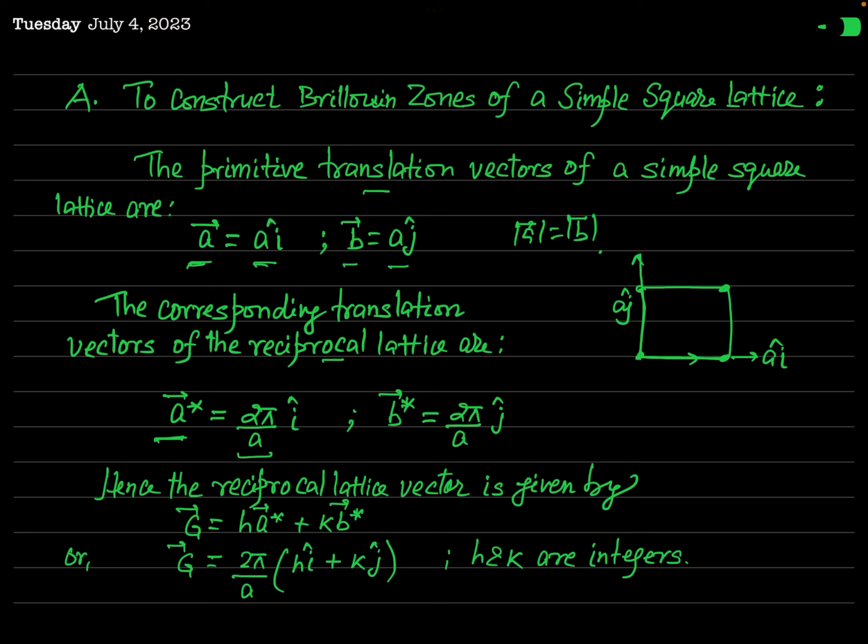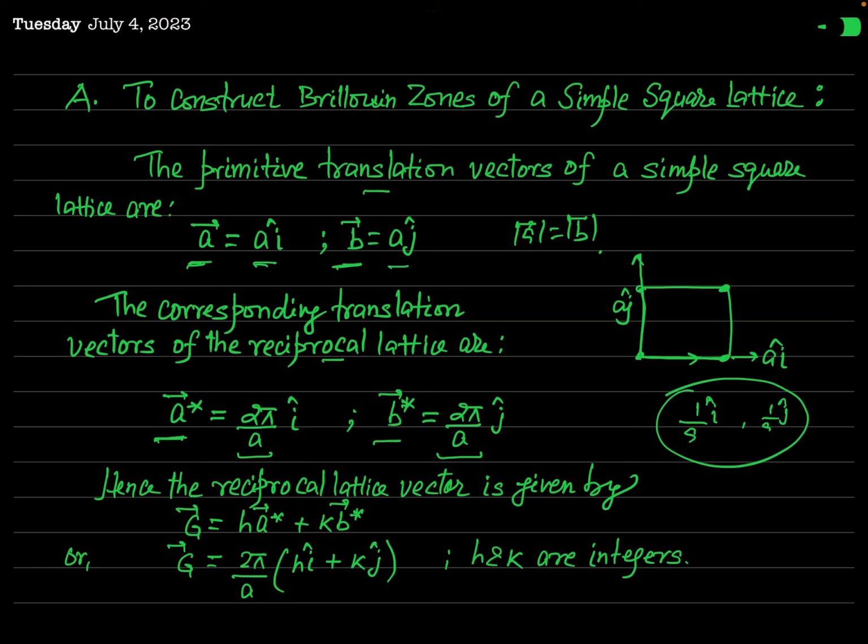Similarly, the reciprocal translation vector for the translation vector b of the direct lattice, denoted by b star, will be equal to 2 pi over a j. You can also write 1 over a i for a star and 1 over a j for b star. It means that according to this definition, the factor 2 pi may be replaced by 1.